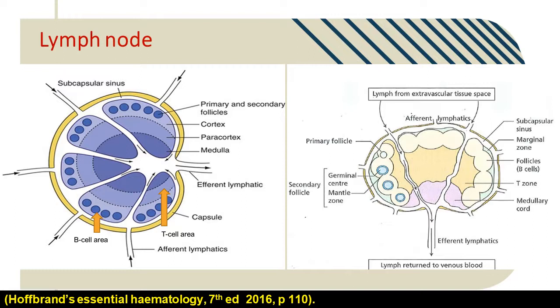After B lymphocytes have been stimulated by antigenic challenge, primary follicles develop a central area of round, pale staining germinal centers surrounded by a mantle zone, and these follicles are now referred to as secondary follicles.